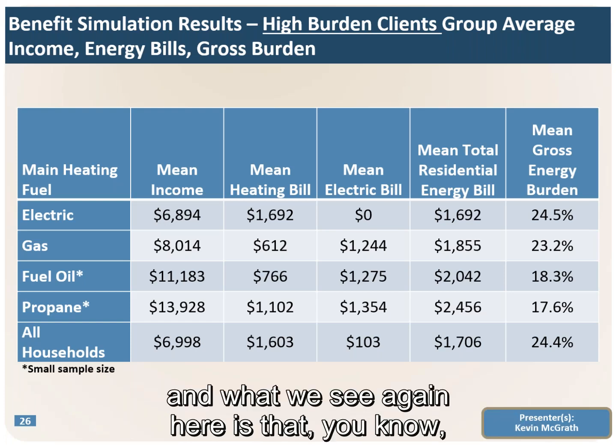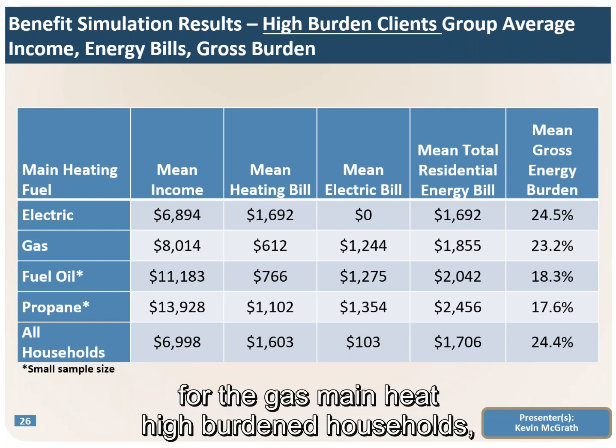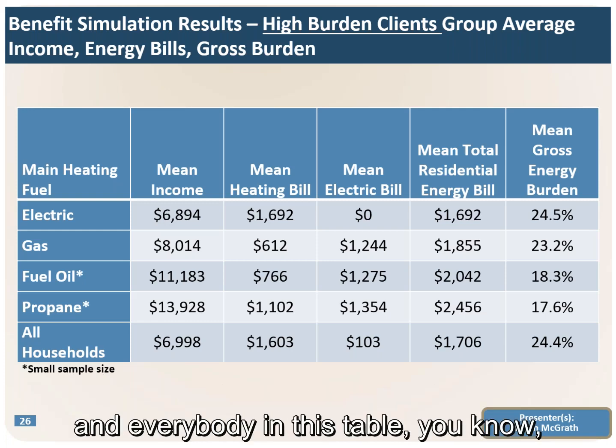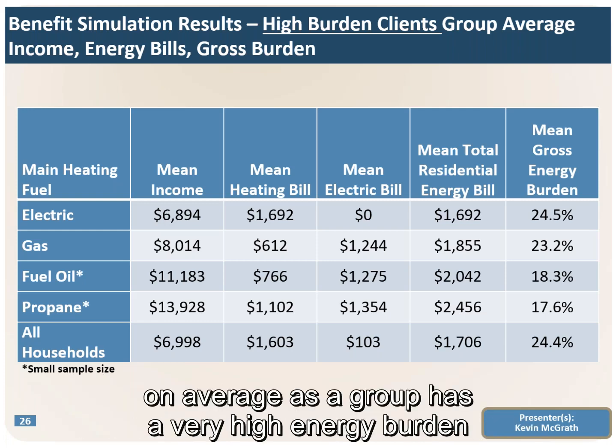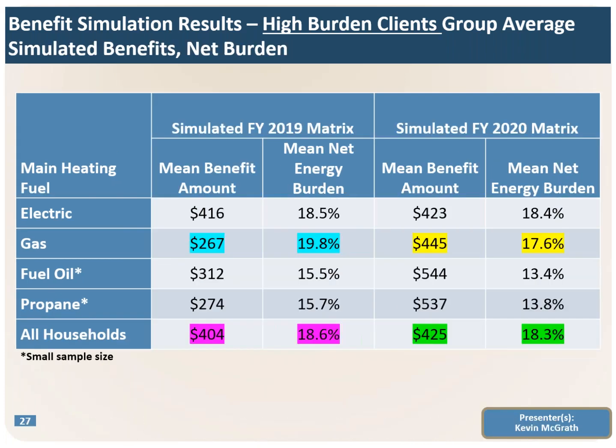And what we see again here is that the bills are a little bit higher for the gas main heat high burden households, and everybody in this table, on average as a group, has a very high energy burden coming into the program. Next slide, Jorge.